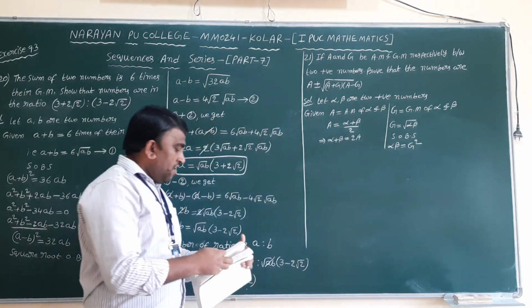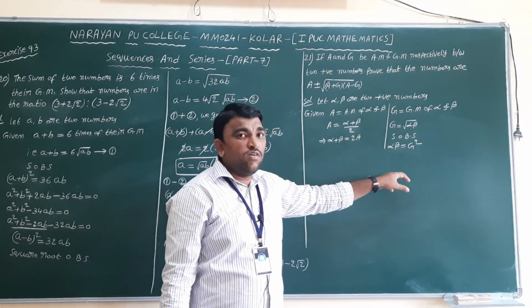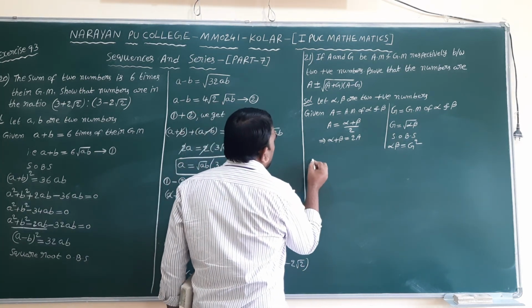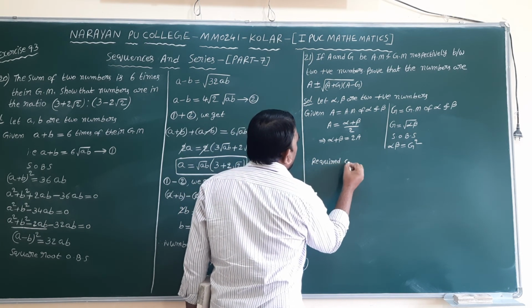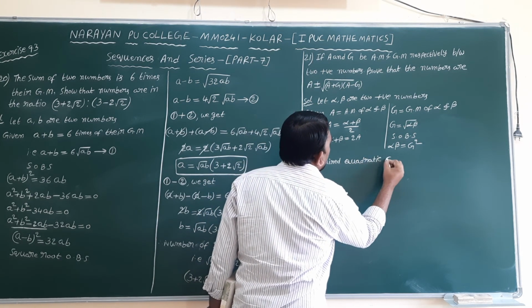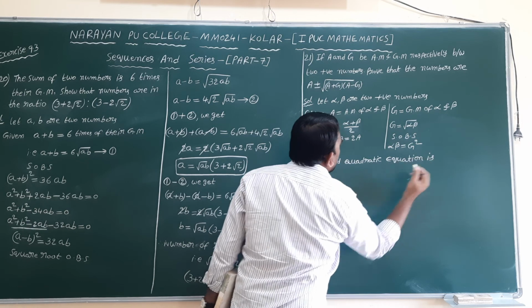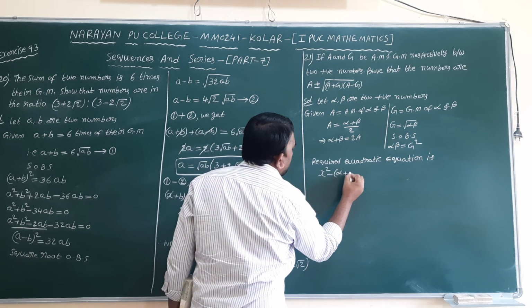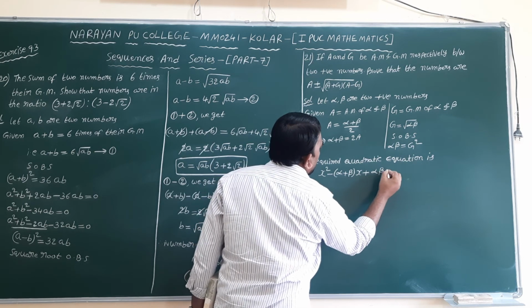Now whenever the sum of the roots and the product of the roots are known, we know the required quadratic equation formula. Therefore the required quadratic equation is x square minus (sum of roots) x plus product of the roots, alpha beta, equal to 0.